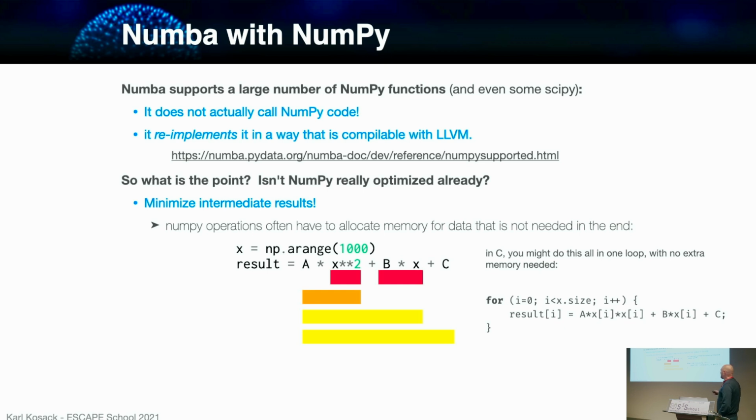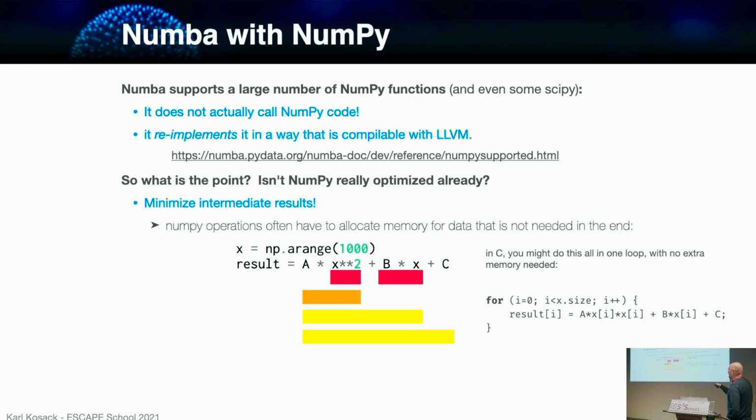The first thing it does is take x squared, so it creates a new NumPy array, a temporary one that's not named, and fills it with x squared. Then it creates another NumPy array with b times x, so that's now 2 arrays in memory. Then it does this operation, a times x squared, makes a temporary array. Then it takes those two things together, makes another temporary array, and then finally gives back the answer.